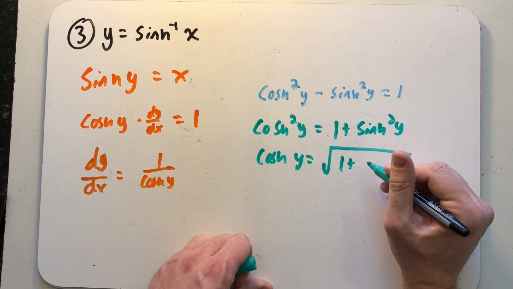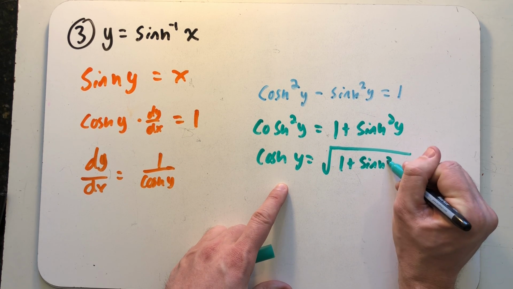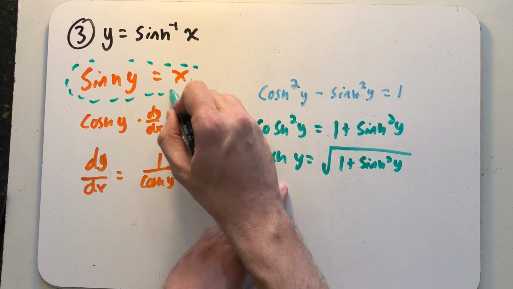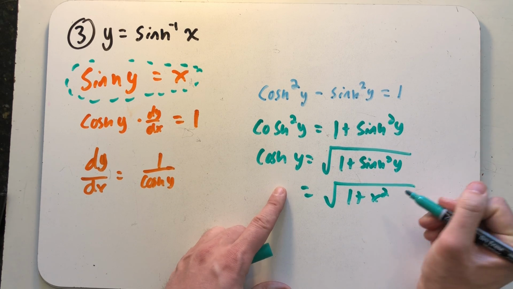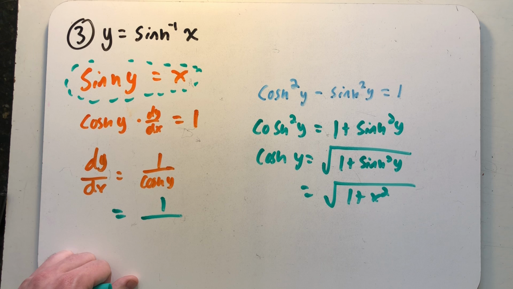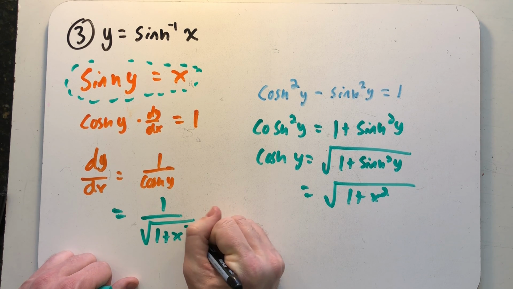All right, and I end up that the cosh of y is equal to the square root of 1 plus sinh squared of y. Sinh of y is equal to x, so this is how I'm going to get my x back involved into this equation. So, the derivative of the hyperbolic sine function's inverse is 1 over the square root of 1 plus x squared.